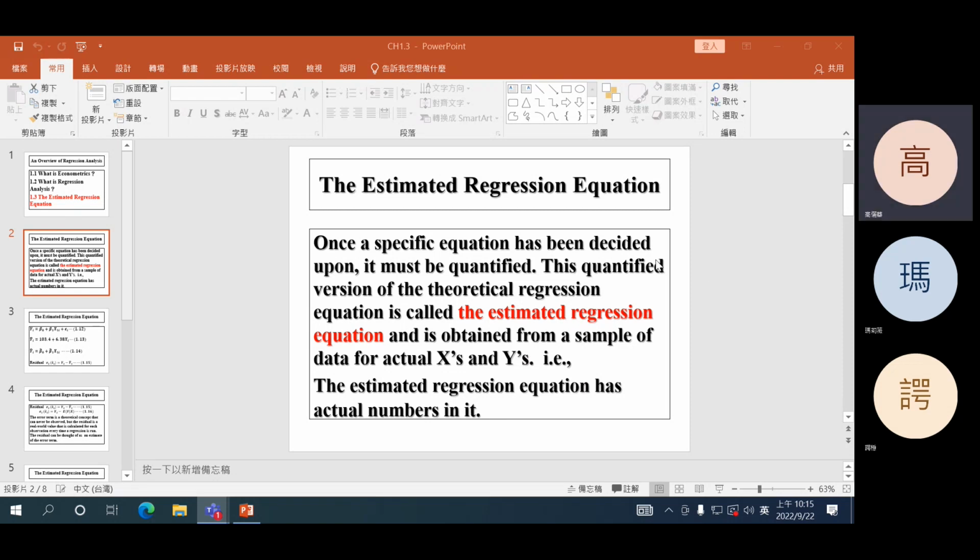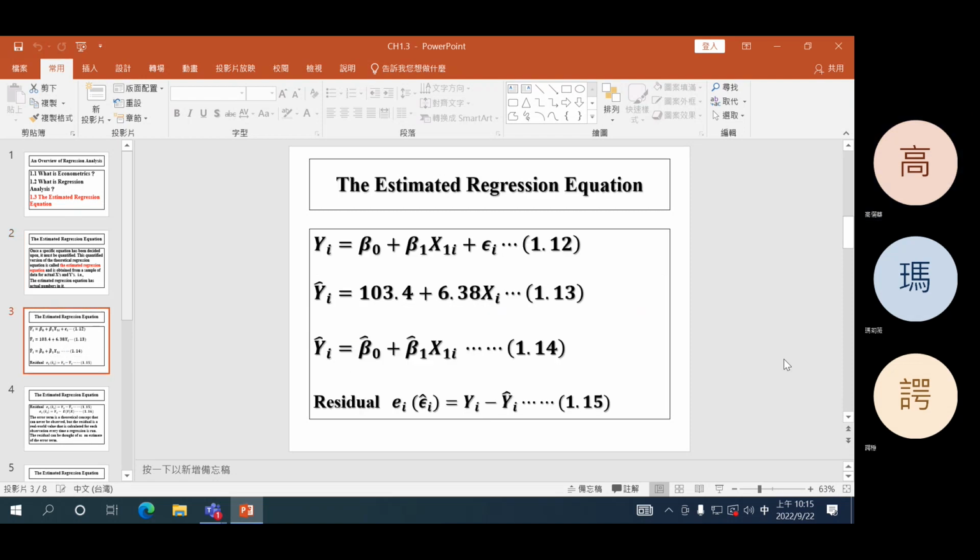Okay, let me show the examples. This is according to our textbook. This is the relationship in equation 1.12. This is called the population regression relationship.